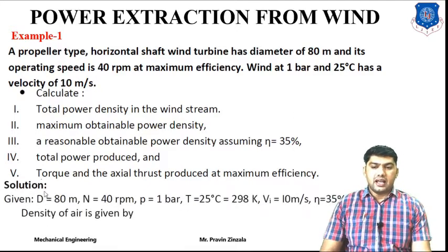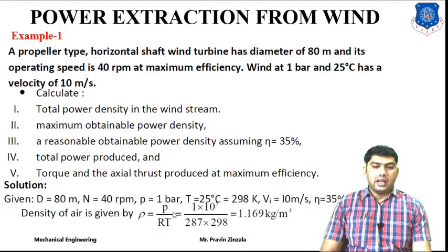The given data is: diameter of wind turbine is equal to 80 meter, RPM is equal to 40, pressure is equal to 1 bar, temperature is equal to 25 degrees centigrade, means 298 Kelvin, velocity is 10 meter per second, efficiency is 35%, and we also need the density of air. We can calculate the density of air.